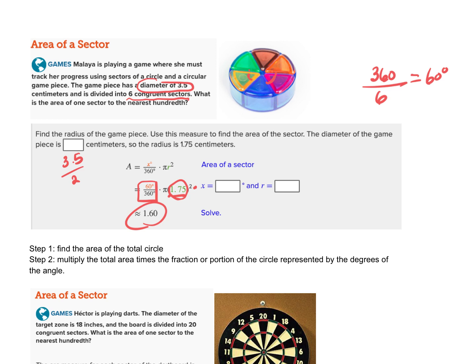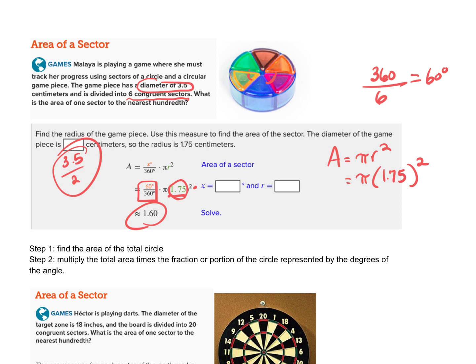All right, so area of the circle, pi r squared. By dividing the diameter in half, I get the radius. So I'm going to do pi times 1.75 squared. I'm going to do 1.75 squared first. Always have to do exponents before multiplying.